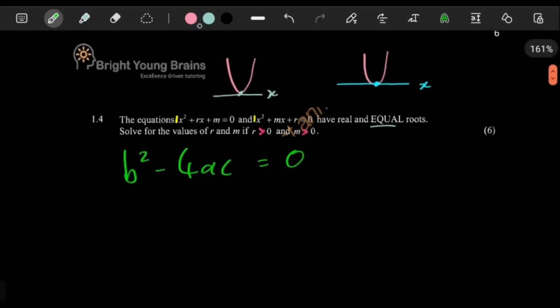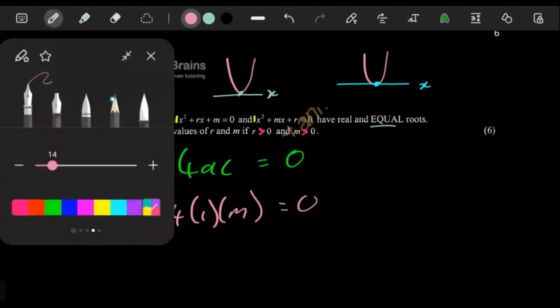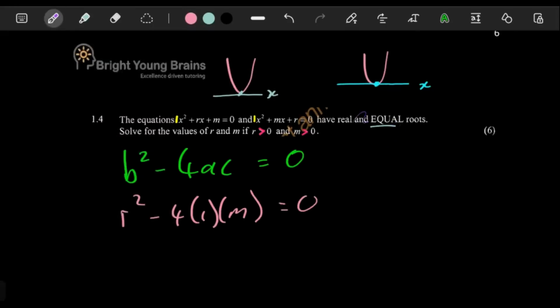For the first equation, if you're going to put values into this, b is r, a is 1, c is m. So we know that this is one existing equation, for our given information. Now, what we also know is for the second equation, if the roots are equal, it means that b squared minus 4ac is equal to 0.